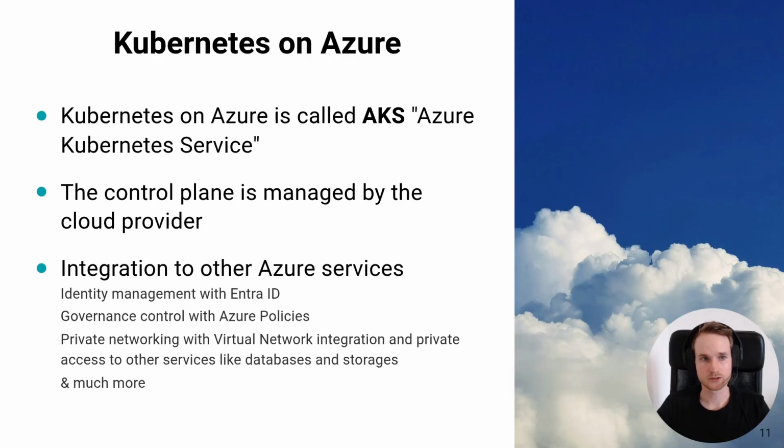So how can we run Kubernetes on Azure? In Azure, Kubernetes has its own service. It's called AKS, so Azure Kubernetes Service, and it's a huge product. And the special thing is that the control plane, so the API server, is managed by Azure, and it integrates with many, many different Azure services.